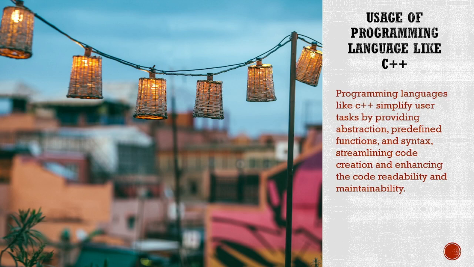Programming languages like C++ simplify user tasks by providing abstraction, predefined functions, and syntax, streamlining code creation, and enhancing code readability and maintainability. So in this way, programming languages are very useful for users to be more efficient and productive.